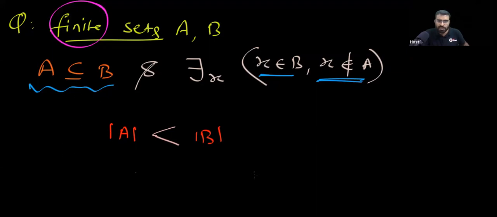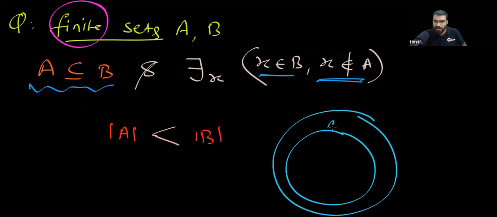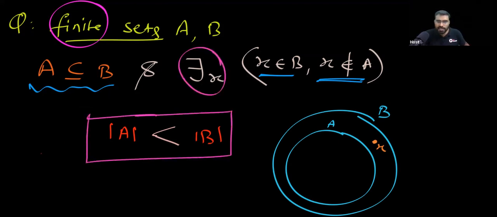Remember, this is your set A, this is your set B. But there is at least one extra element in B. Yes or no? So in this situation, I can say the cardinality of set A will be less than or equal to the cardinality of set B. Because every element of A is already in B, agree with me?